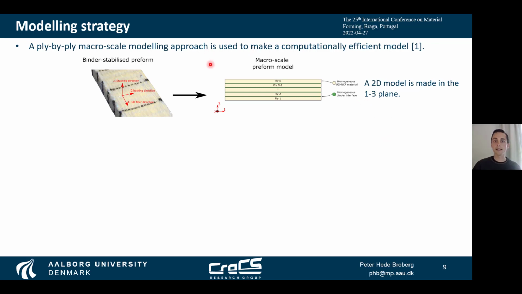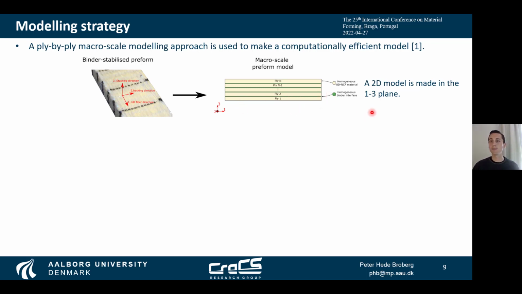And what that means is that we model each individual non-crimp fabric separately, and then we model the binder interface between each non-crimp fabric as a homogeneous interface. And the reason why we want to do this ply-by-ply modeling approach is that we want to get information on the mechanics going on between the non-crimp fabric plies in the interface.